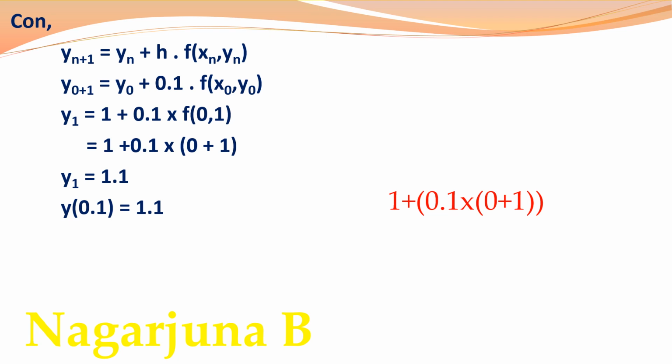So y of 0.1 is equal to 1.1 means y is equal to 1.1 at x is equal to 0.1, and we can write this as x1 is equal to 0.1 and y1 is equal to 1.1, and this one we will be considering for the next step of solving.